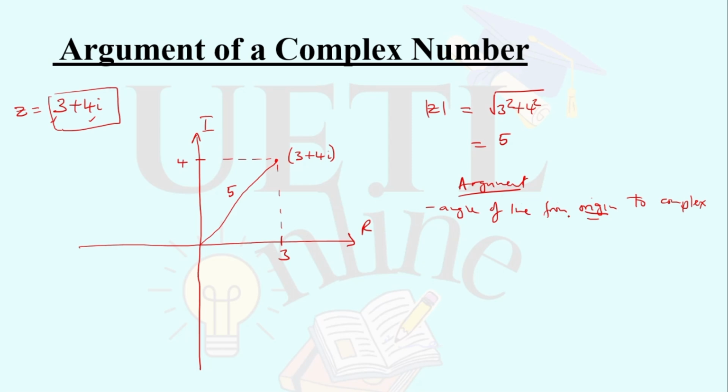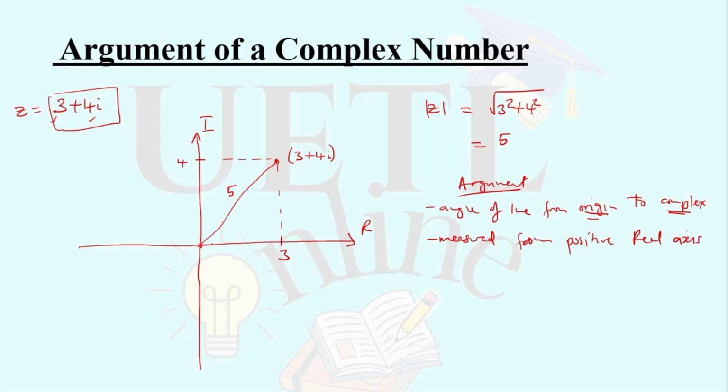Drawing an Argand diagram, this is our complex number and this is our origin. So the angle of the line from the origin to the complex number is measured from the positive real axis. Okay, so the positive real axis is this one.